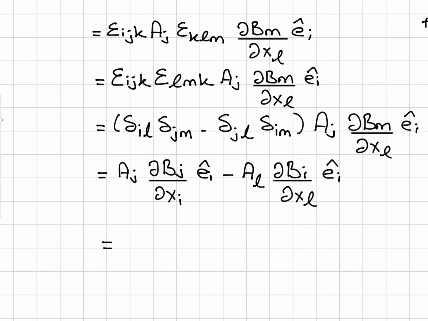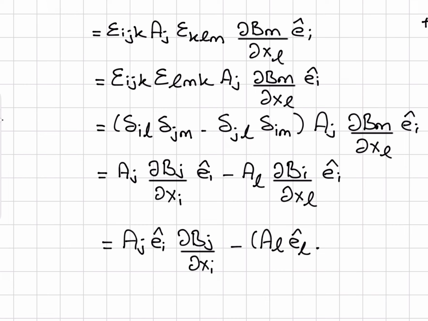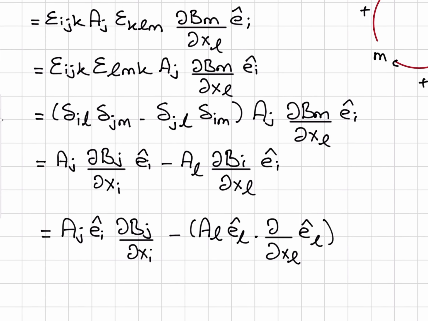We have AJ EI hat, del BJ, del XI, minus, and now for AL, I recognize that this is AL EL hat, that's vector A, dot product with derivative with respect to XL EL hat, that's acting on vector BI EI hat.